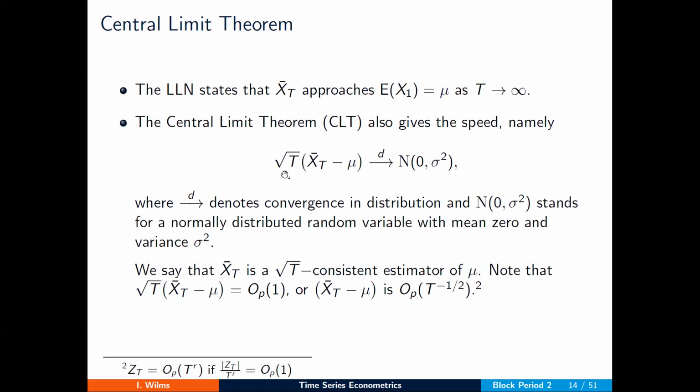It also gives you the speed or the rate of convergence, namely root T. So the central limit theorem tells us that this guy over here converges in distribution to a normal with mean 0 and variance sigma squared. Or in other words, x bar is a root T consistent estimator of mu.